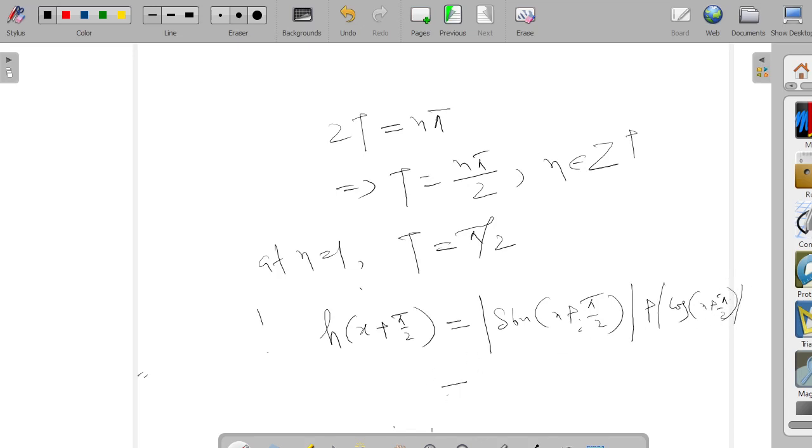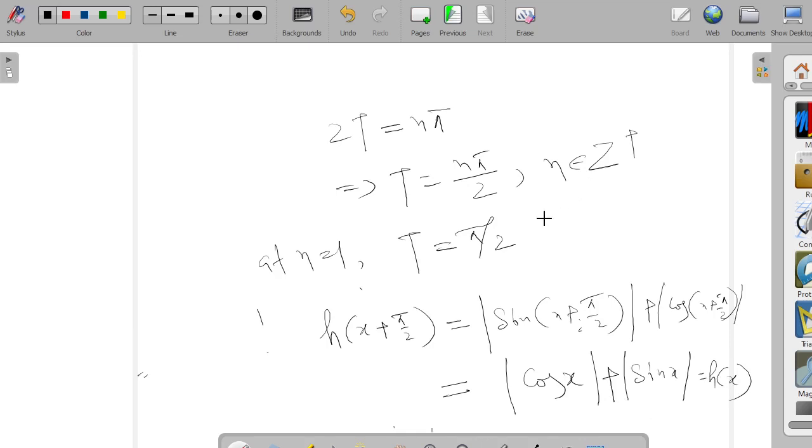Now we can see that although sin of (x plus pi by 2) is cos x, and cos of (x plus pi by 2) is minus sin x, due to the presence of the mod function the negative sign will be absorbed, so we are getting mod of cos x plus mod of sin x, which is our h(x). So we are getting the same function h(x) on replacing x by x plus pi by 2.